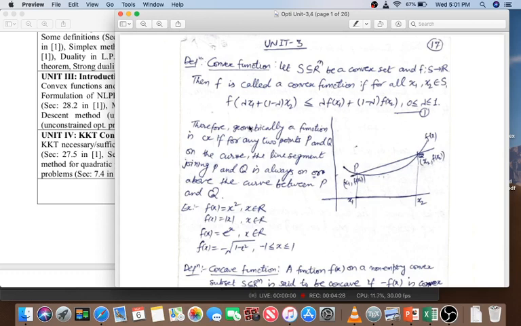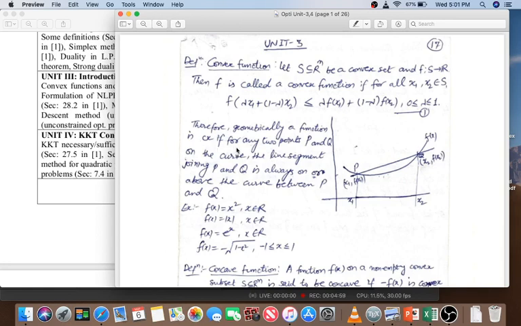So the left hand side, f of lambda x1 plus 1 minus lambda x2, means the image of the line segment joining x1 and x2. This image is always less than or equal to the line segment of images, lambda f(x1) plus 1 minus lambda f(x2).